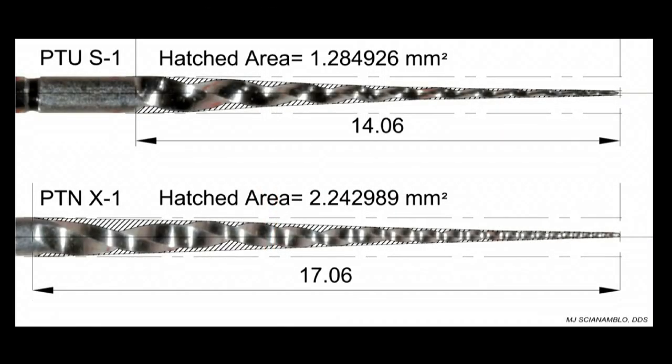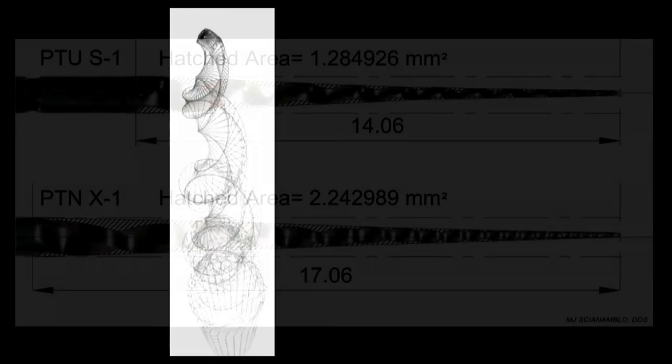If you look at a horizontal cross section, on the top is the ProTaper Universal and below is ProTaper Next. Again, demonstrating that there are bigger spaces in the lower one in between the waves of material because it's offset from the one above. So there's less spots touching and there's more space.